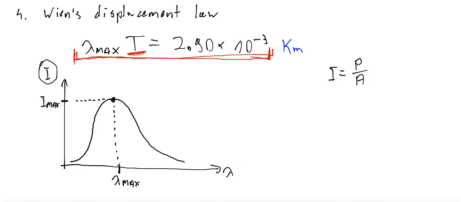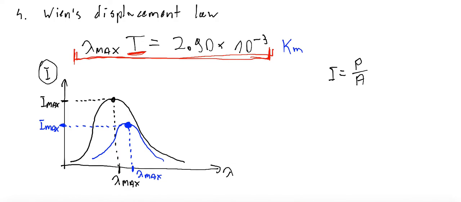Okay, so I'm going to create another curve, the blue one. What is the difference between the blue one and the black one? In the case of blue, we have another lambda max, a bigger one, but a smaller maximum intensity.